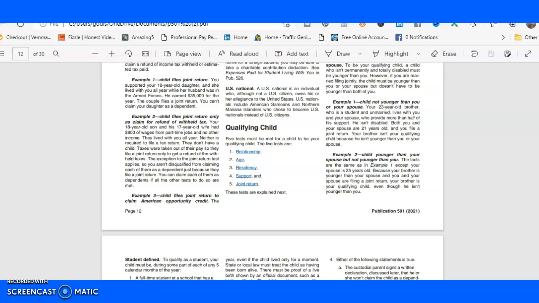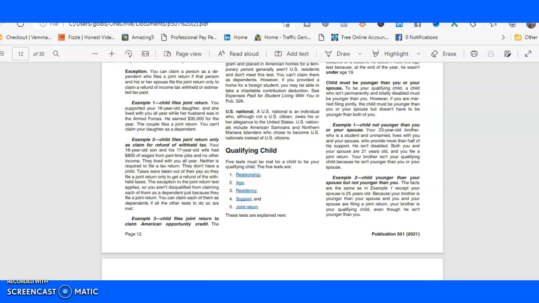So that's the leverage and leeway you get with claiming your son and daughter versus claiming a brother or sister that might be a dependent, or claiming a niece and nephew that might be a dependent. Those situations might vary in the sense that if the child wasn't with you 6 months or more inside the household, that may play a role in being able to claim them as a dependent.